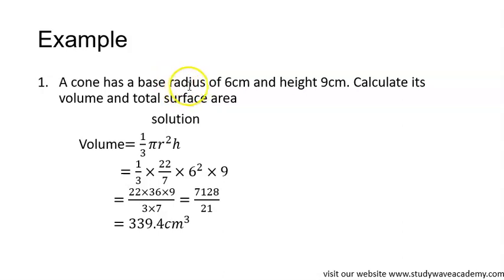First we're going to be calculating the volume. Remember the formula for the volume: 1/3 pi r squared h. So we're going to be inputting our values into the formula of the volume. So 1/3 times pi is 22/7.